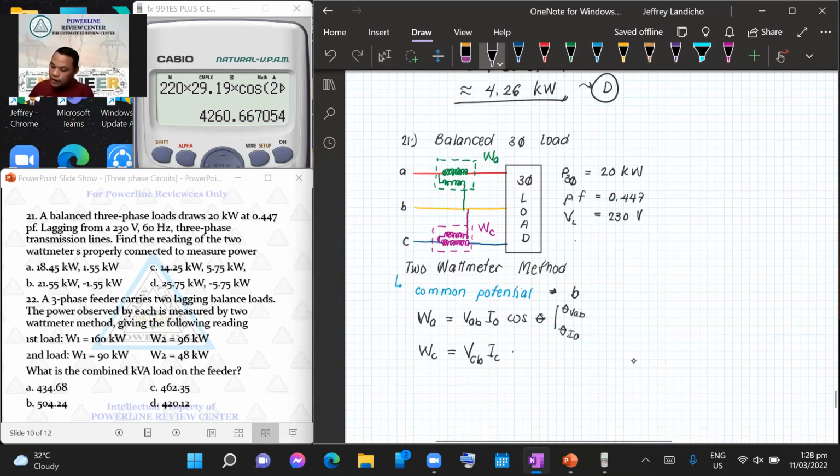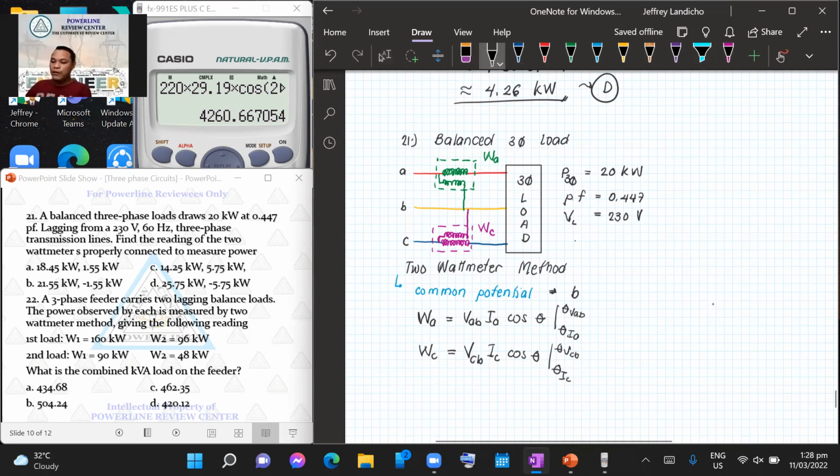This should be I_C. So cosine of the angle of V_CB and the angle of I_C. Sir, we don't have V_CB. V_CB is the opposite of V_BC. If our V_BC is at negative 120, where is V_CB? Its opposite is at positive 60. We know line to line is AB, BC, and CA, so when it is reversed, you take the opposite.